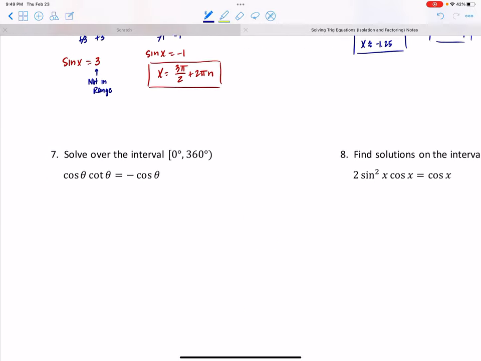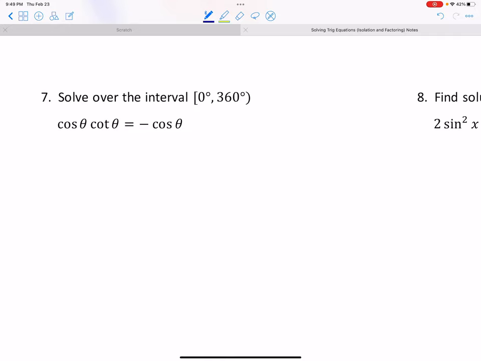Alright, let's try another. This one says to solve over the interval 0 degrees to 360 degrees, which just means we're going to have an answer in degrees instead of radians. So a couple of defaults. If it just says solve, the default is find all of the solutions. If it says solve over a certain interval, then let's restrict to that interval.